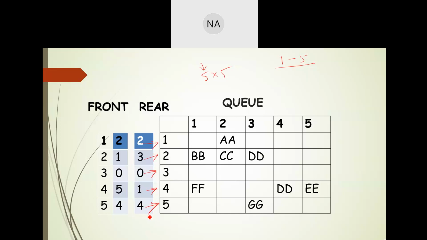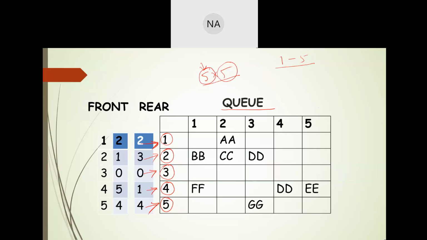The name of the two-dimensional array is Q. The first row of the queue is for priority value 1. The second row is for priority value 2. The third row is for priority value 3. The fourth row is for priority value 4. And the fifth row is for priority value 5. The size of each row is also fixed, obviously, because this is part of the two-dimensional array, that is equal to 5. So 5 by 5: 5 rows, 5 distinct priority values, and the size of each priority queue is equal to 5 also.